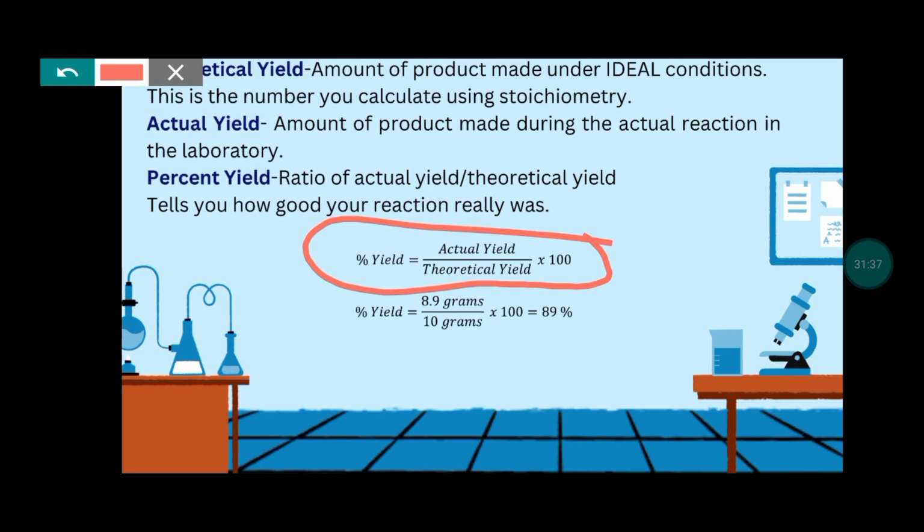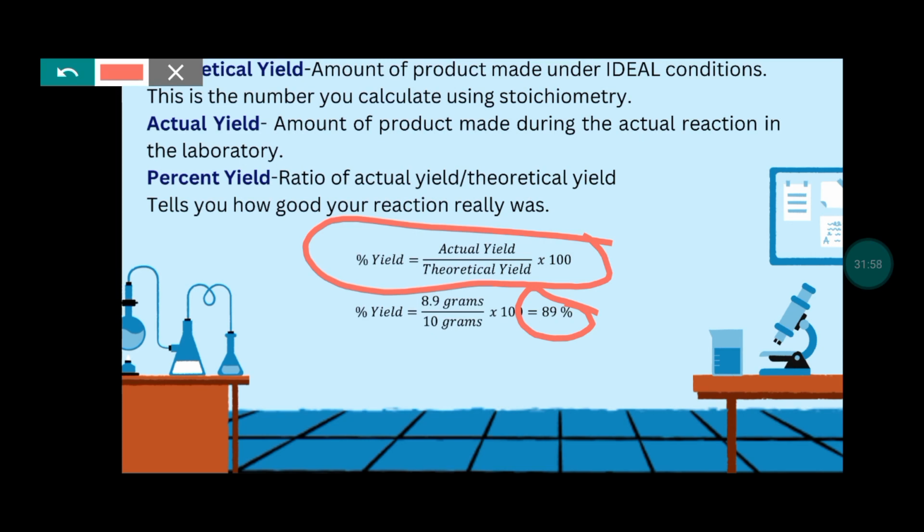Pero, upon experimentation, ginawa natin, for example, sa laboratory, and ang nakuha lang natin is 8.9 grams. So, ibig sabihin, 8.9 grams all over 10 grams times 100, ito yung percent yield natin, itong 89%.